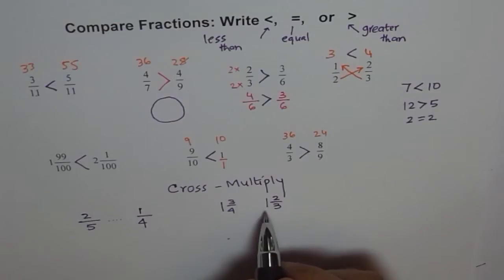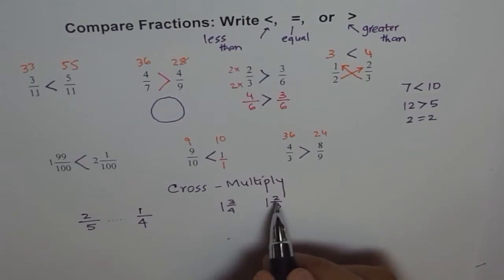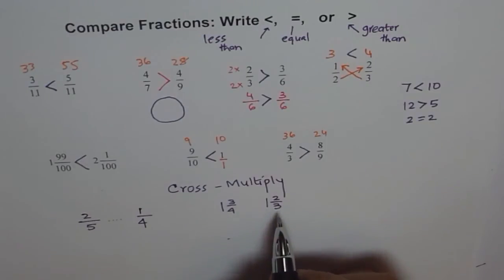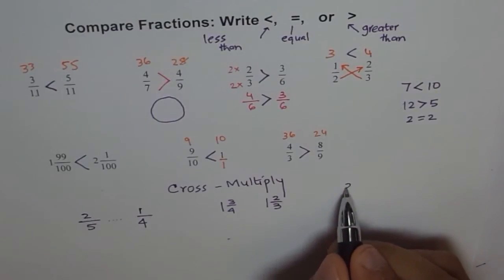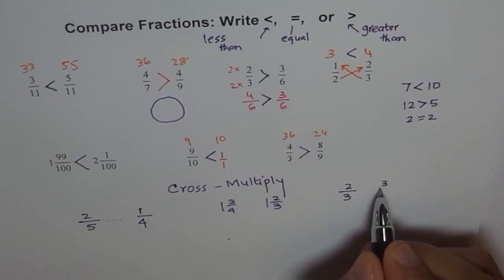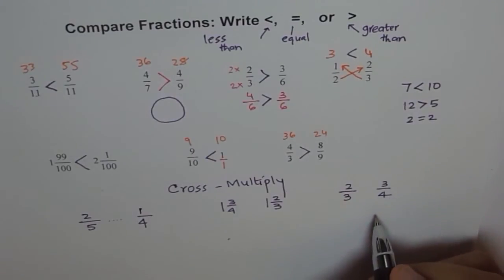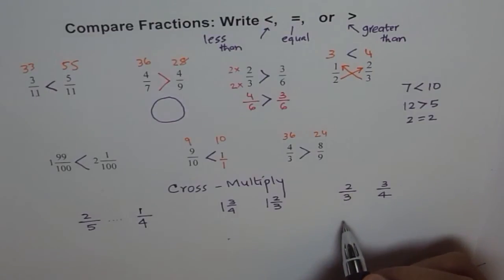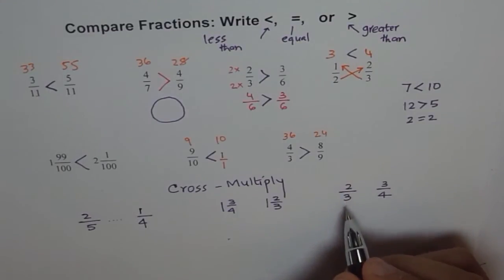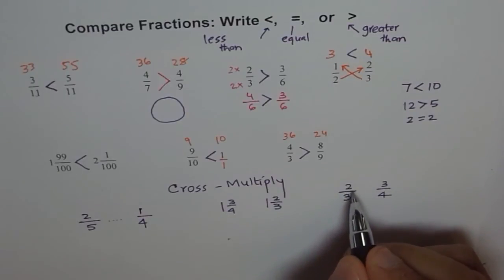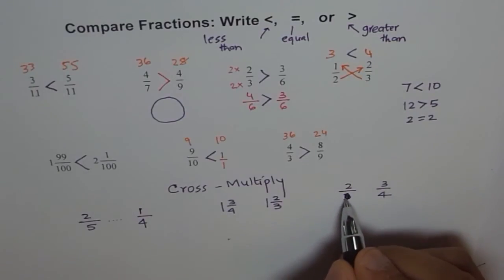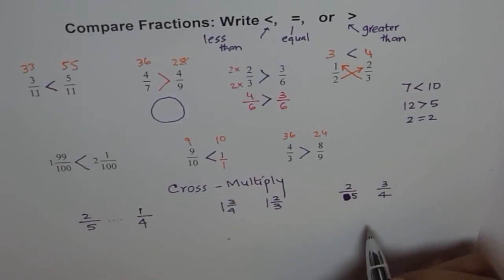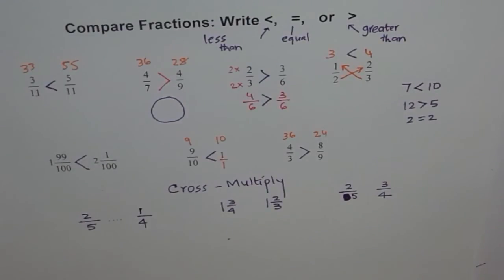I've kept one same. So basically you have to compare 3 over 4 to 2 over 3. Do you get it? Okay. And this one is 2 over 3 and 3 over 4. Okay. So try to compare these. Well, I've written the same for you. Oh my God. So let me change this. Let me write this as 2 over 5 and 3 over 4. Okay? Try to do that.